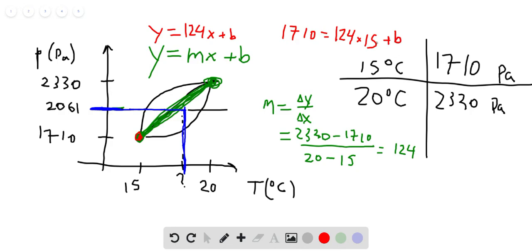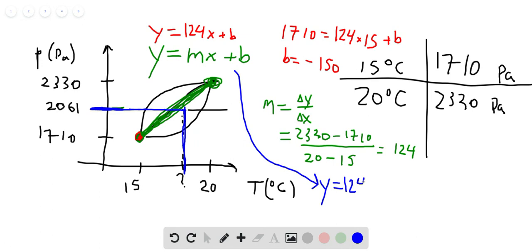And so if we isolate b, we calculate that b equals minus 150. All right, so the final equation will be, I'm running out of space here, I can write down over here. The final equation will be y equals 124x minus 150. So this is the equation that we calculate for this line linking the 2 points.